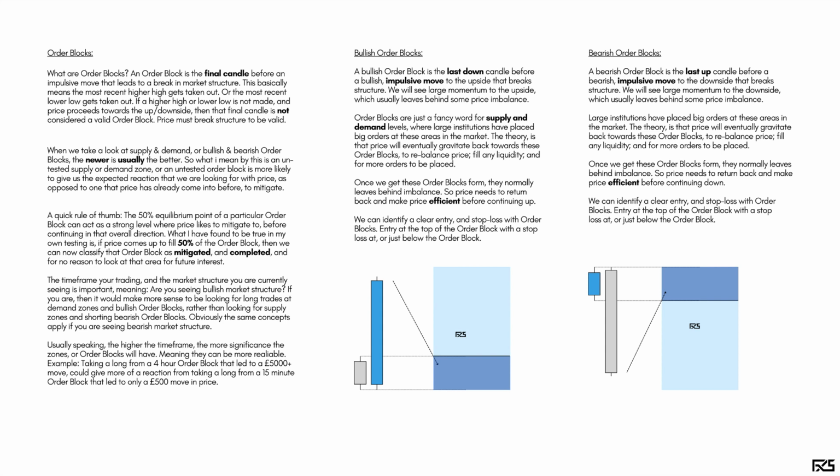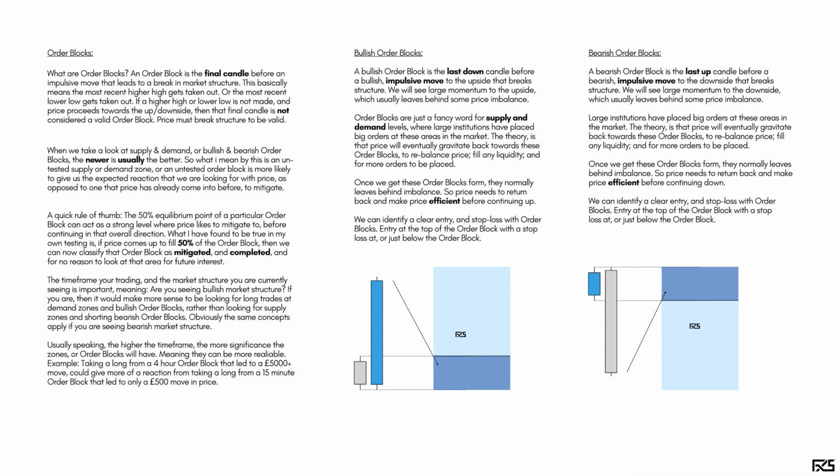So an impulsive move up or down which doesn't break any significant market structure is not considered a valid order block. So when we take a look at supply and demand, or bullish and bearish order blocks, the newer is usually the better. So the fresher the order block, usually the better and more significant it is to us.